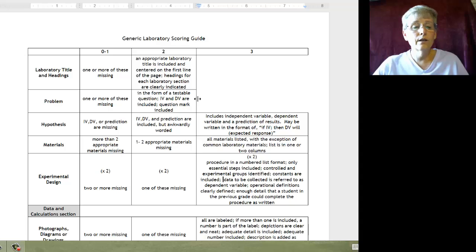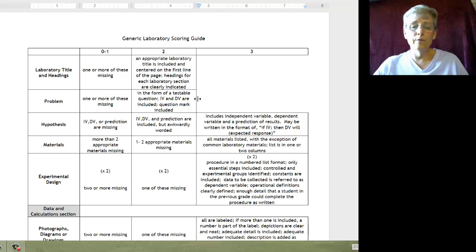The next section, and the last one that we're going to go over in this video, is the experimental design. So this is a procedure in a numbered list format. That means it's going to have number 1, measure 100 milliliters of water. You're going to have it in a numbered list format like a recipe. Only essential steps are included.